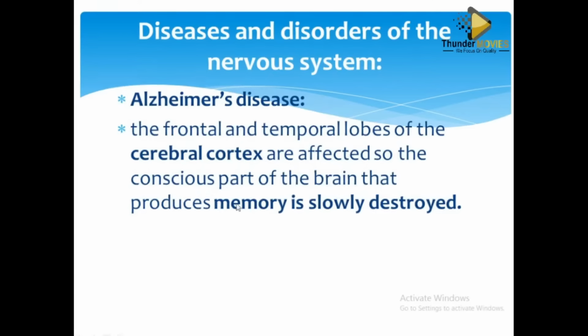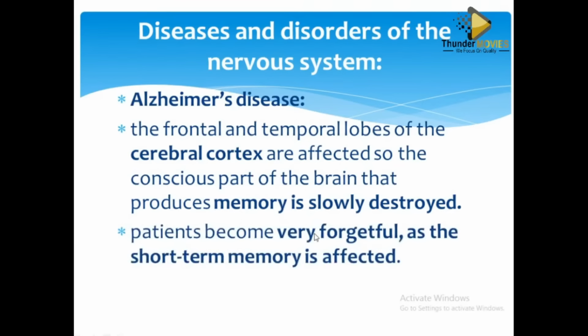So it means that the cerebrum, a part of the memory, is being destroyed. And then what happens? The patient becomes very forgetful as a result of the short-term memory centers being affected. This is being caused by genetics. It means that you inherit it from the parents.